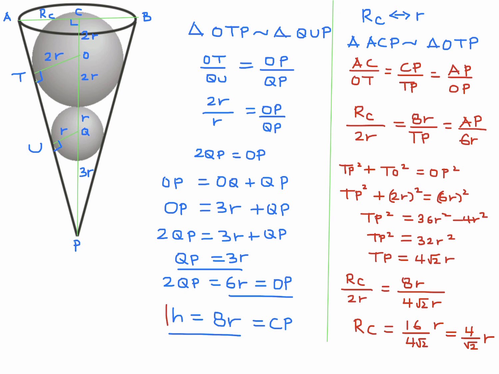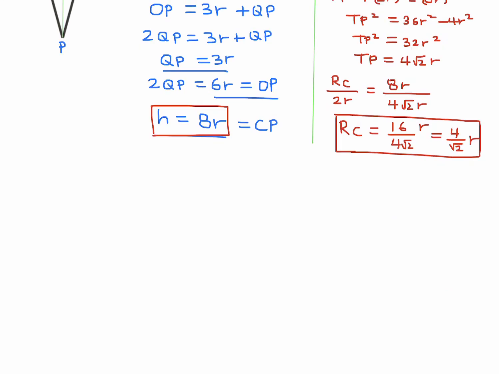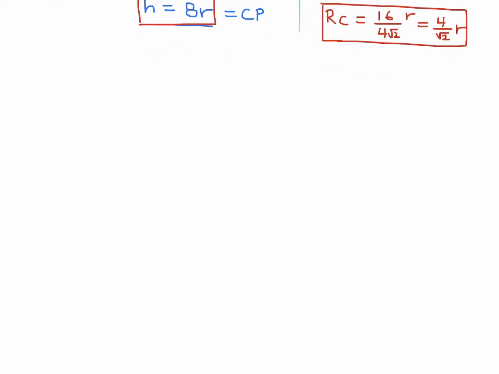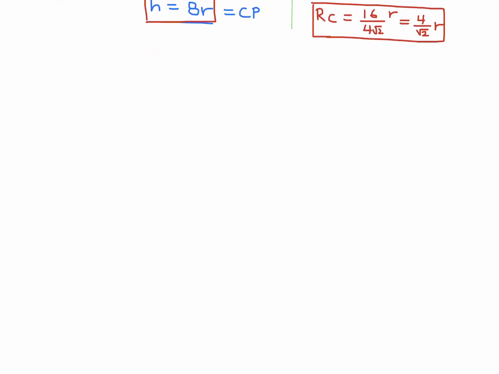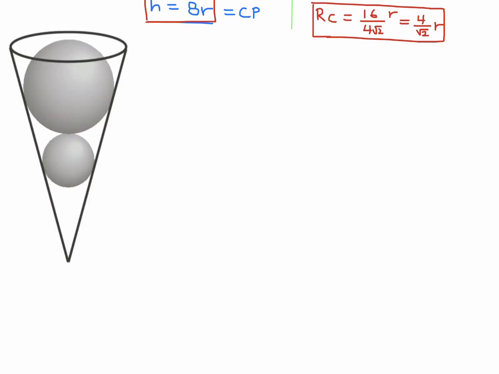So now that we have this relationship and we have this relationship, we can now solve the question. So here we go. If you were to interpret the question correctly, you would write the following: the volume of the first sphere, adding to that the volume of the second sphere plus the volume of water, which they had said is 216 pi, equals the volume of the cone, right?